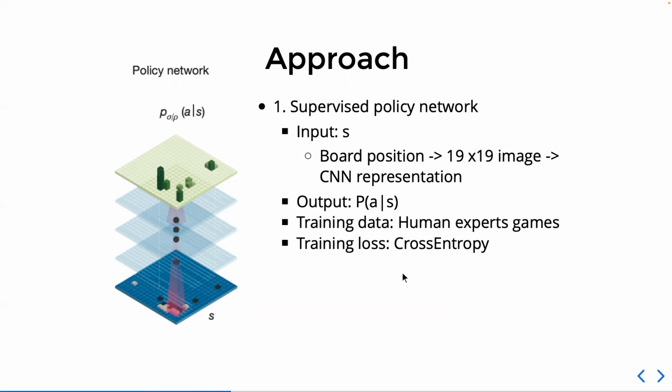So here, what is the label? The label is the human expert game move. Let me repeat. Given a situation, the situation is about the positions on the board, right? Given a situation, it is basically a classification of which move I'm going to take.